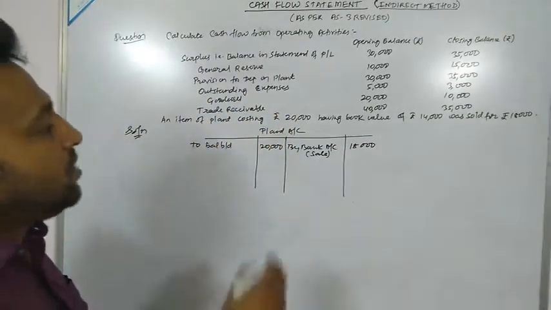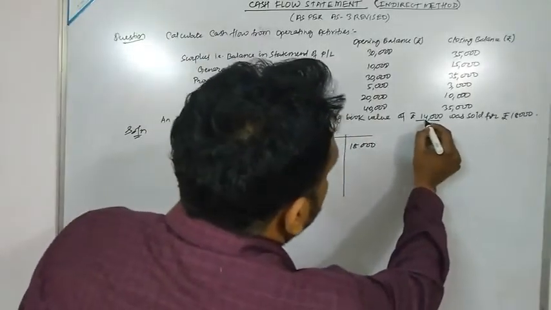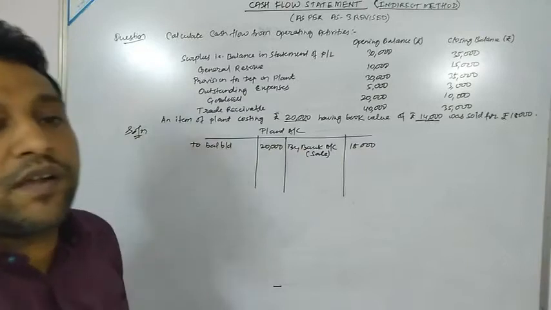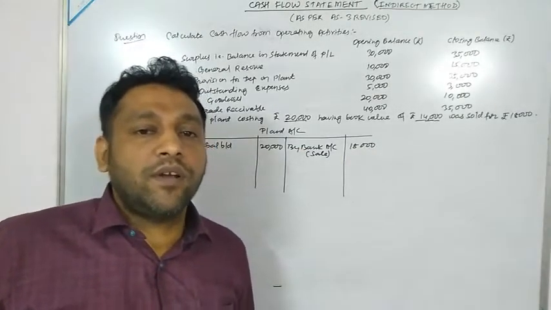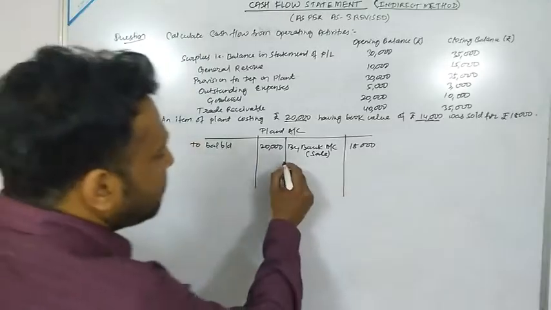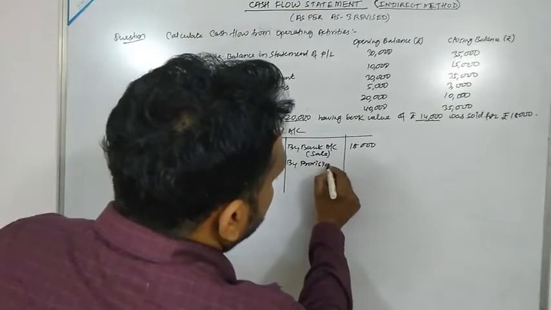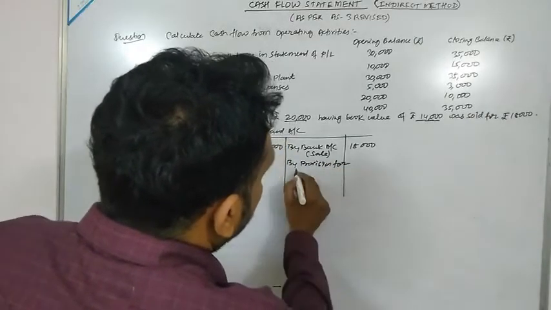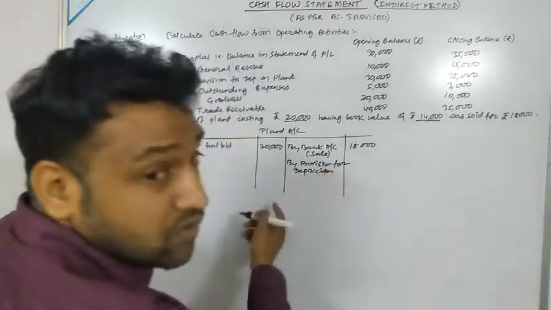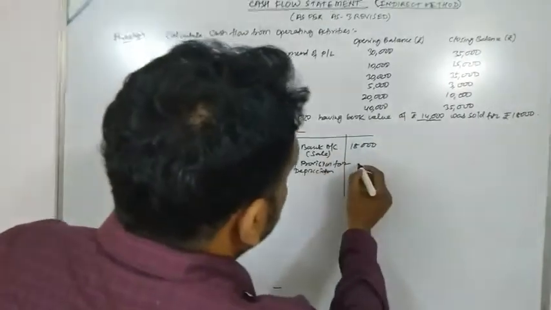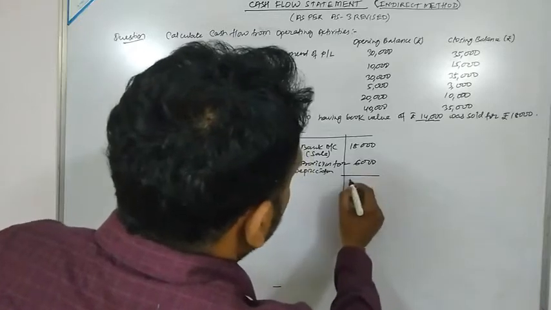Now you see your plant value is 20,000 and the book value is 14,000. That means 6,000 would be considered as provision for depreciation, otherwise known as accumulated depreciation. So here we have to show by provision for depreciation. The difference figure is 6,000. Now get the total.